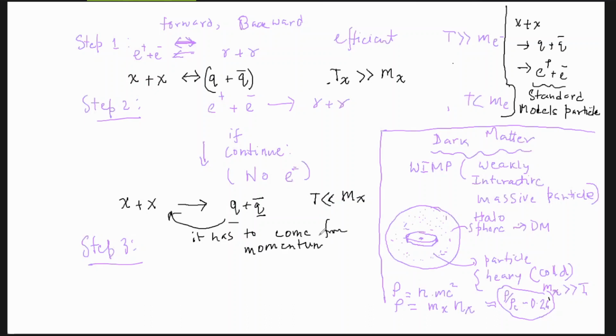You see, energy has two parts, the mass part and the momentum part. But as the mass of the quark is much less than the mass of dark matter, you can only produce a heavy dark matter particle if you have enough momentum. Is it clear? But now the momentum is less because T has fallen below the mass, and T is basically P, as I just said. So you cannot create dark matter back.